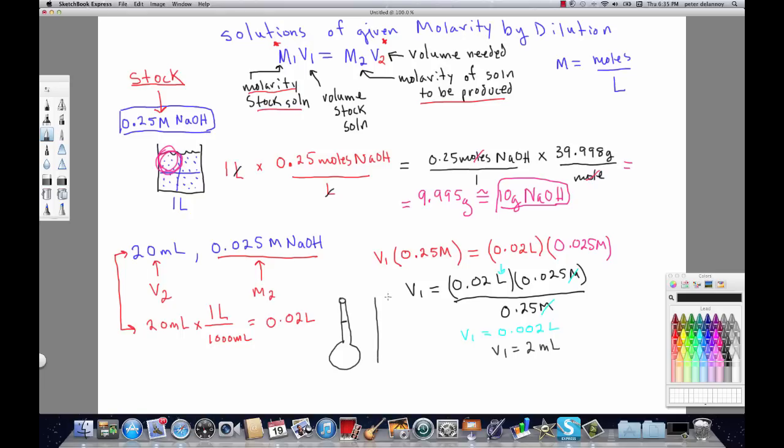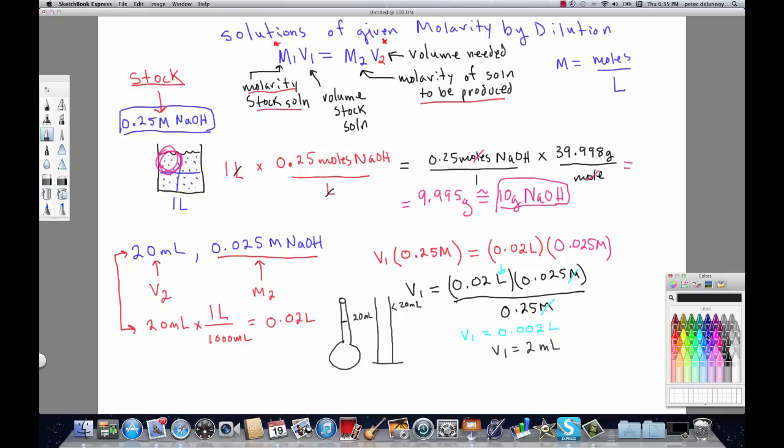Whether you use one or the other is going to depend on the quality of the final solution that you're going to need. Remember that we need 20 mLs of this. So the graduated cylinder is going to need to be able to measure 20 mLs, and the volumetric flask is the same situation.